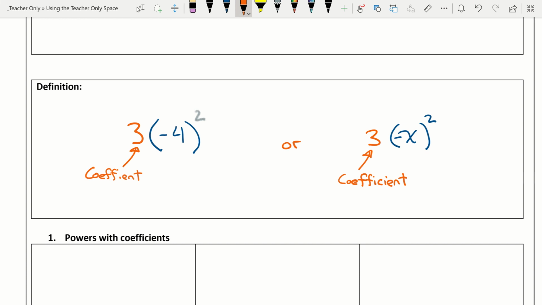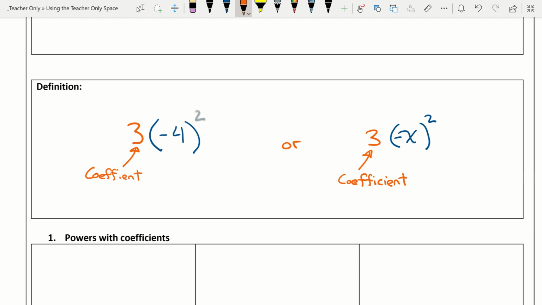So the 3 on both is called a coefficient. The only difference is we have a negative 4 on one side, and on the other side we have a negative x. Here is a number, something we're used to, but as we move forward, we're going to start using variables instead. A negative 4 and x are both just numbers, and we treat them the same. Let's bear that in mind as we progress.